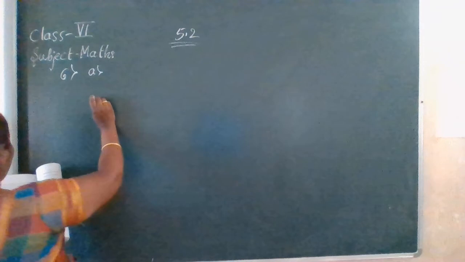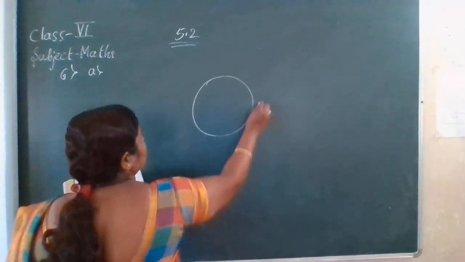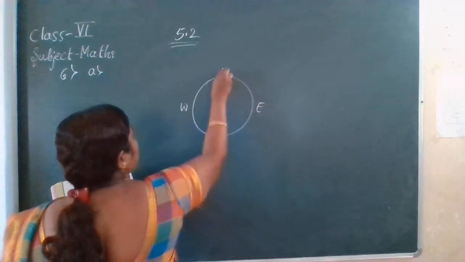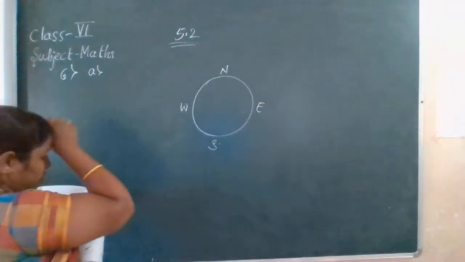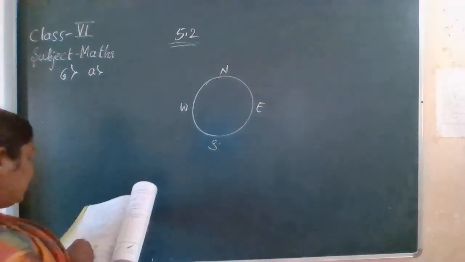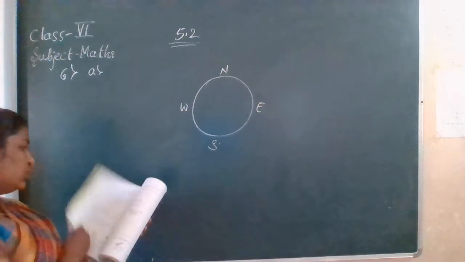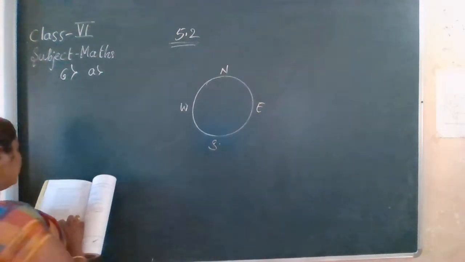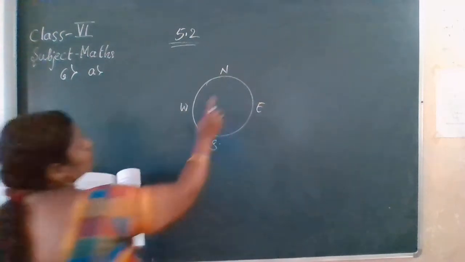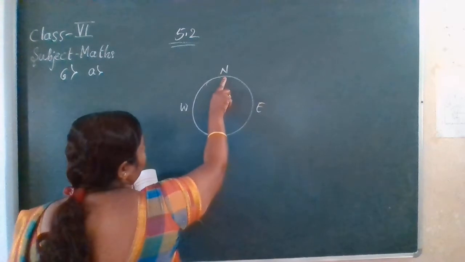A. South and turn clockwise to west. We have directions in this: east, west, north, south. Now it is facing south, turn clockwise.